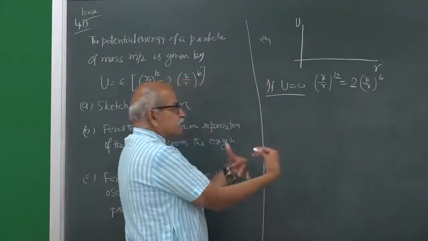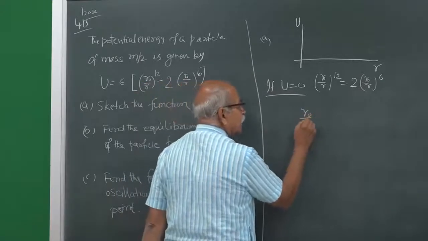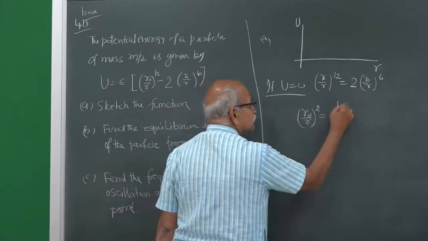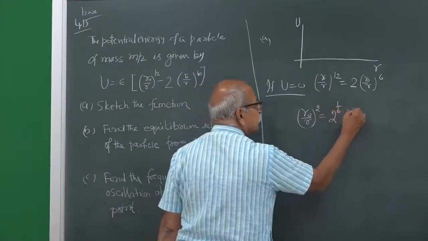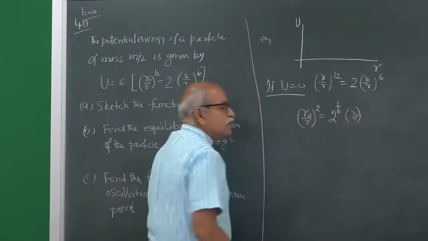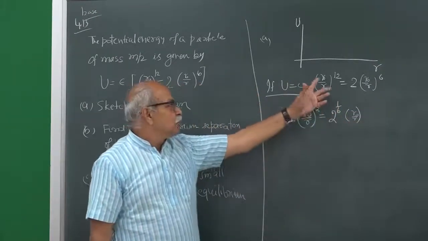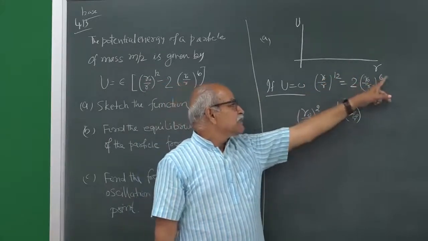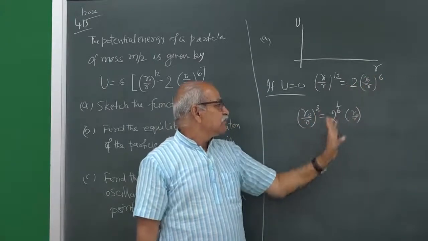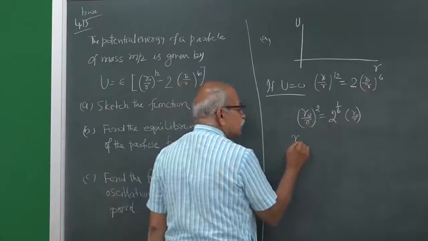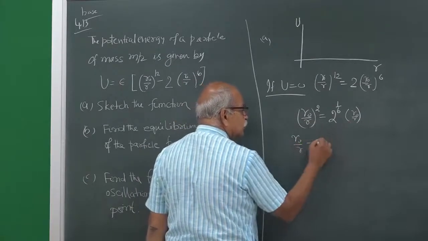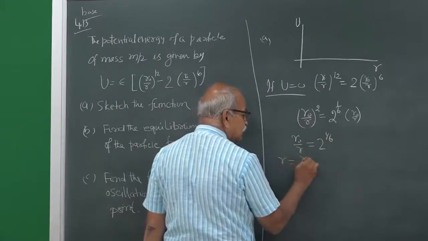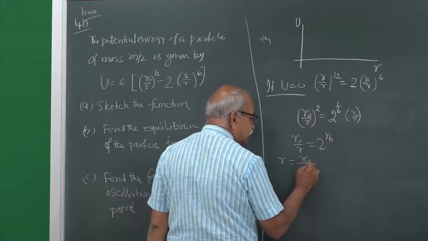If I take the sixth root, r naught by r is equal to 2 to the power 1 by 6. So, r is equal to r naught divided by 2 to the power 1 by 6.